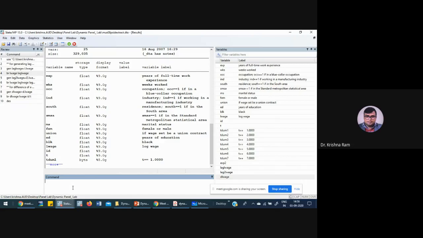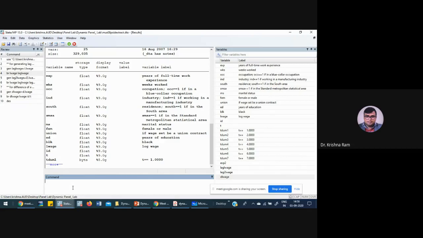So going with the assumption that the other explanatory variables, apart from the lag value of wage, are strongly or strictly exogenous variables. I'm making this assumption because later you are going to realize these assumptions.